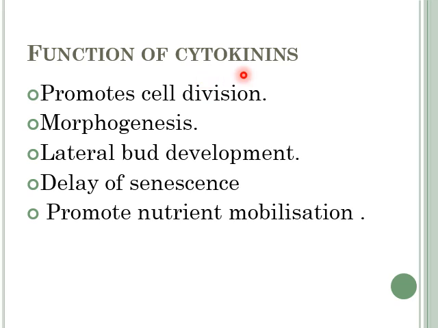Function of cytokinins: they promote cell division, which is the main function of cytokinin. Number 2 is morphogenesis, lateral bud development and delay of senescence, and the last and very important one is promoting nutrient mobilization. Morphogenesis means the formation of fruit, leaves, stems.